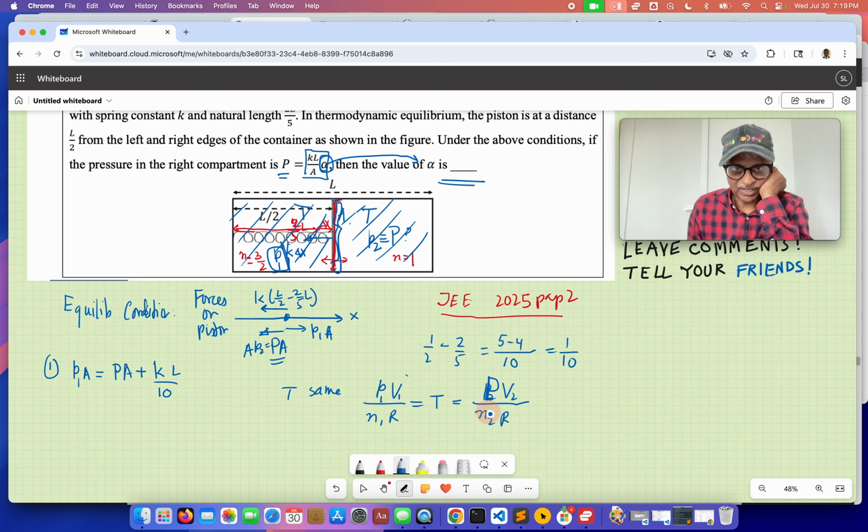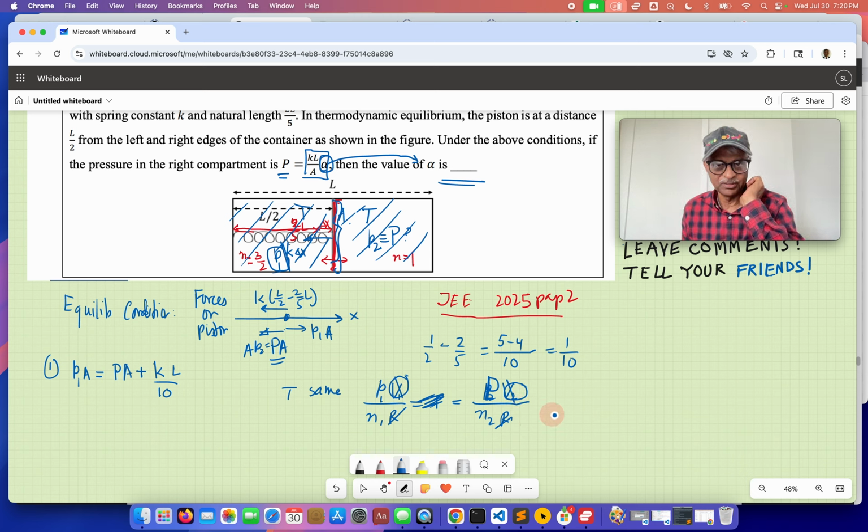Let's write that down once more. R cancels out, and the volume in one chamber equals the volume in the second chamber, which also cancels out.